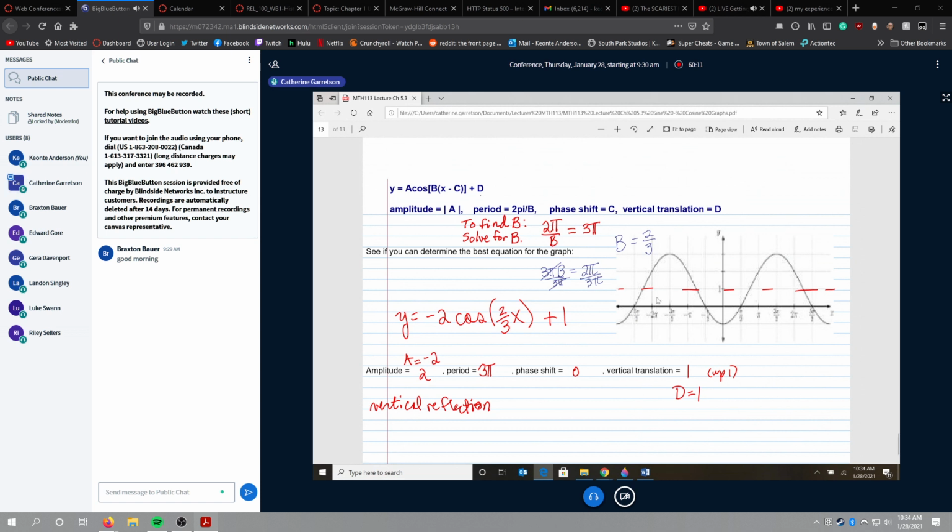So could we look at this graph and figure out what the equation would be? That's a little harder if they give you a graph and say, figure out which one is the best graph, the equation that matches this. Well, why would I automatically think this would probably be better with a cosine than a sine?